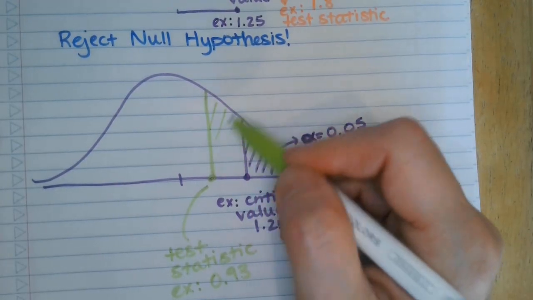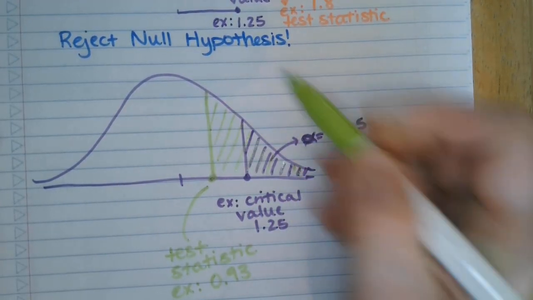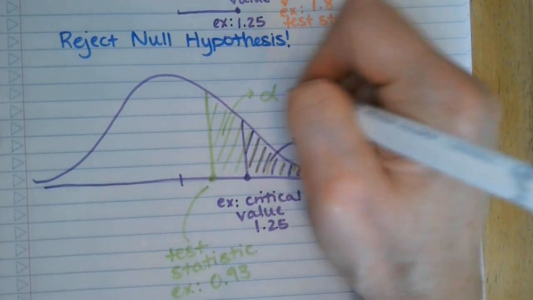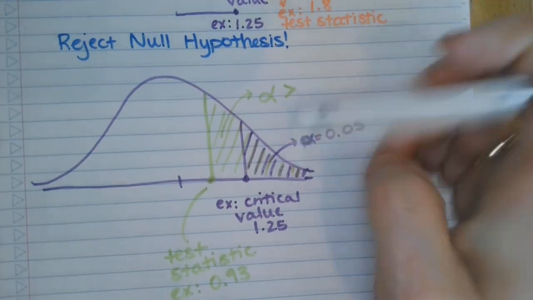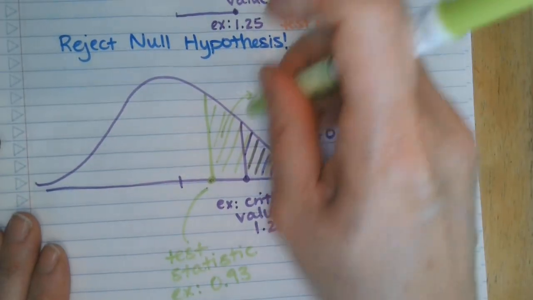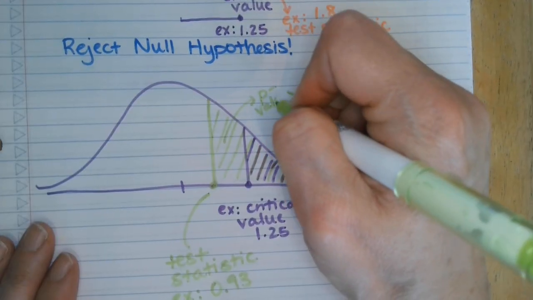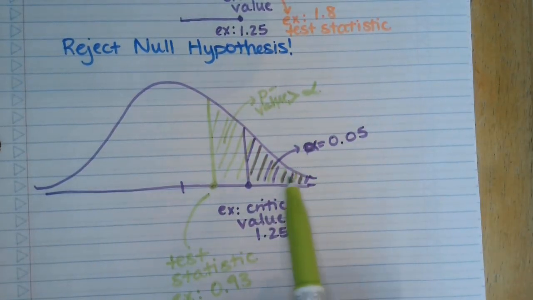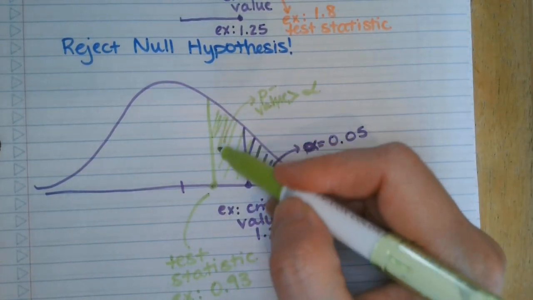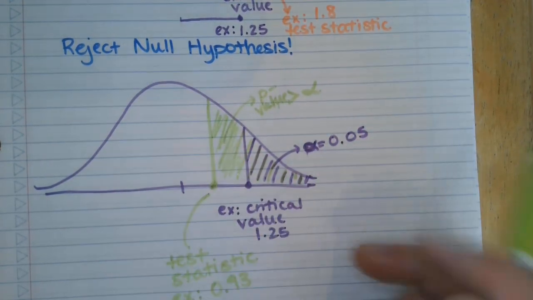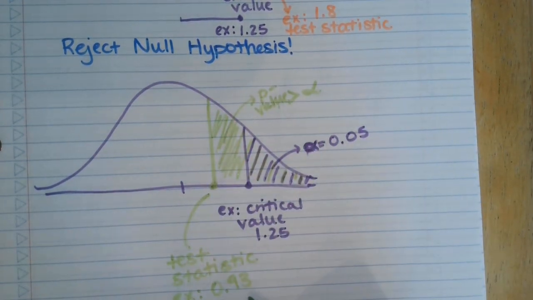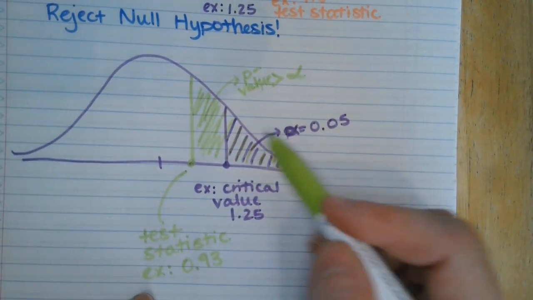Well, that also means that my p-value here is going to be greater than alpha. There's more than a 5% chance. There's more data in here than just that 5%. My test statistic is here. I'm not in the rejection region.